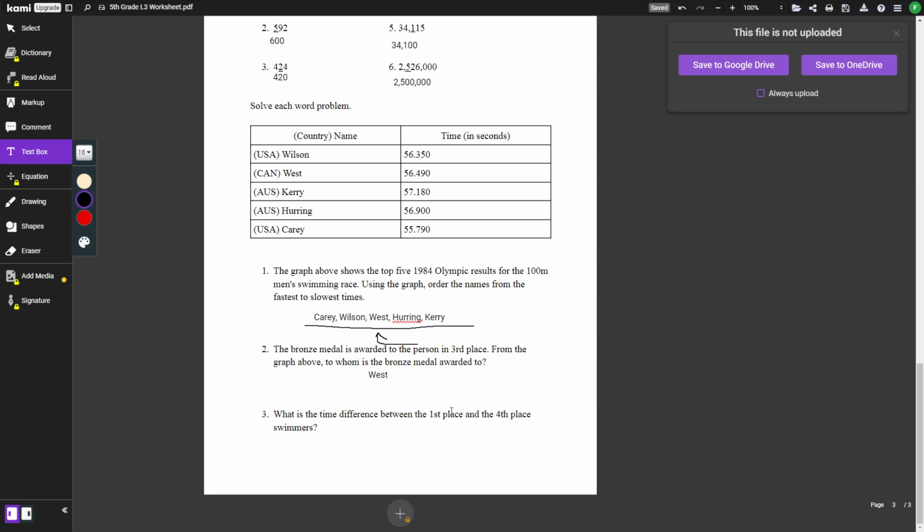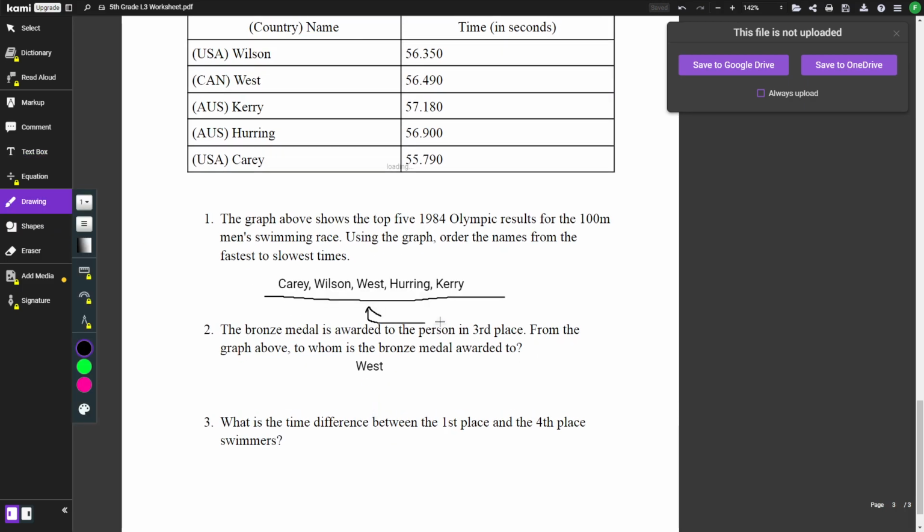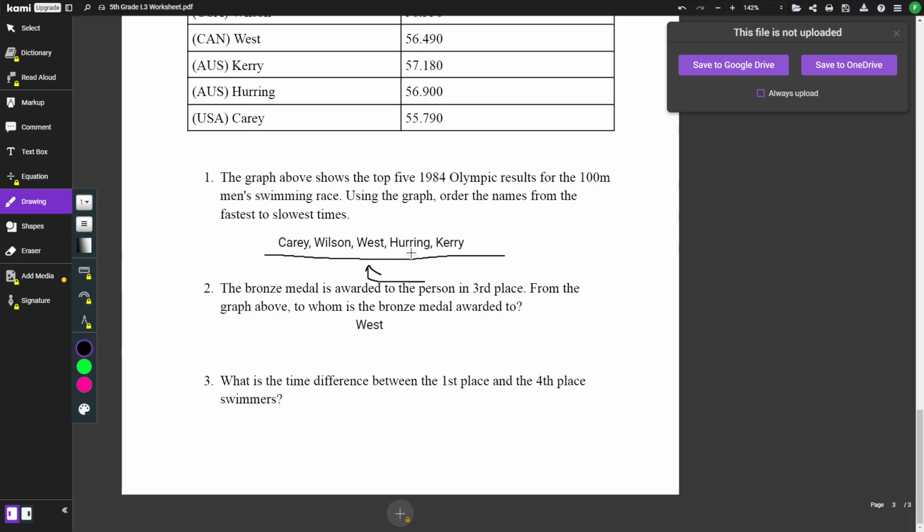Lastly, what is the time difference between the first place and fourth place swimmers? The first place swimmer is Carey, fourth place Hurrying. Carey's time was 55.790, and Hurrying's time was 56.900.